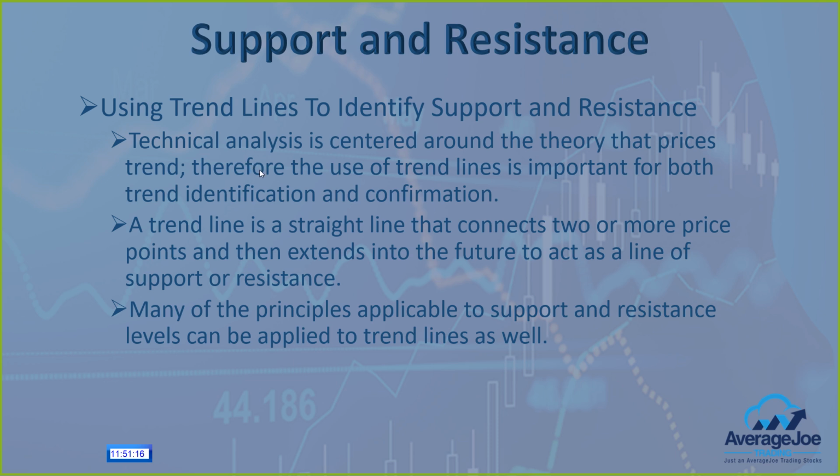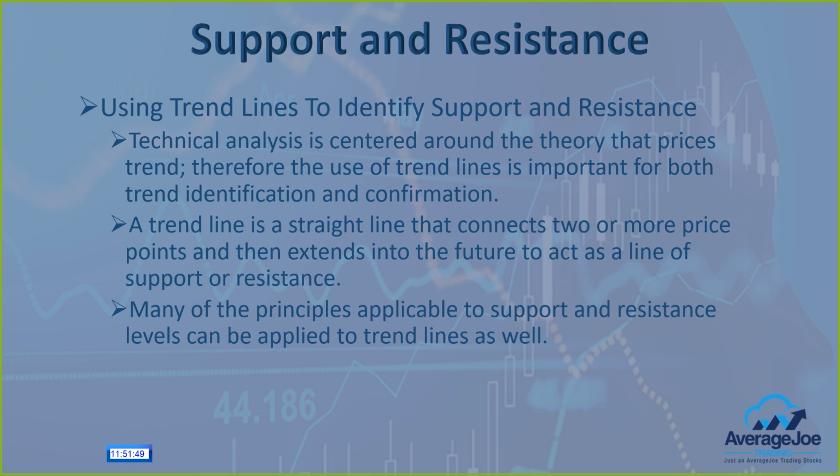One of the things that we use to identify support and resistance will be trend lines. Technical analysis is centered around the theory that prices trend. Therefore, the use of trend lines is important for both trend identification and confirmation. A trend line is basically a straight line that connects two or more price points and then extends into the future to act like a line of support or resistance.